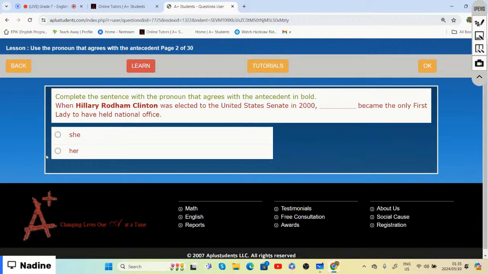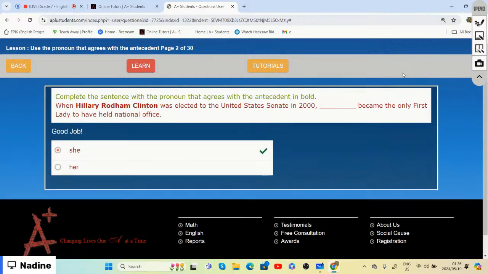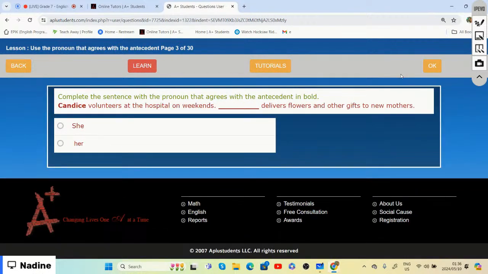Or do we say her became the only first lady to have held national office? So we need to select a pronoun. Is a pronoun she, which refers to Hillary Rodham Clinton, or her? And we will choose she. She agrees with Hillary Rodham Clinton.